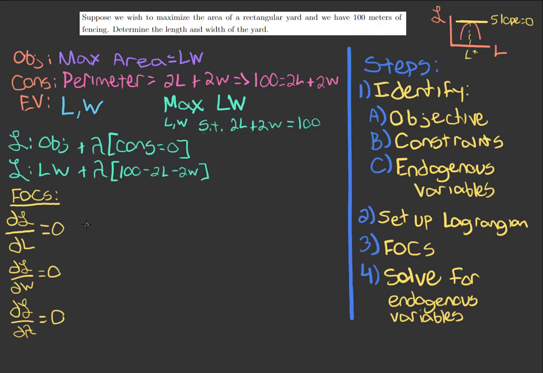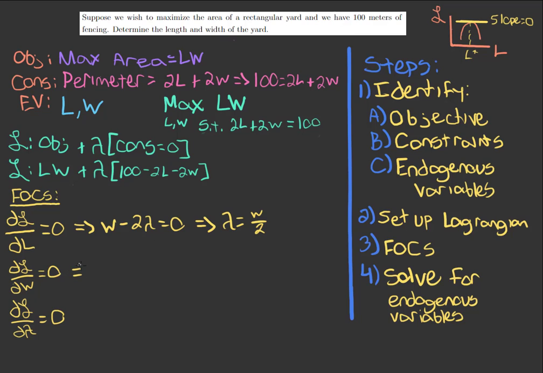Now, taking the derivative of the Lagrangian with respect to L and setting that equal to 0, we end up getting that W minus 2 lambda is equal to 0. And then this simplifies to lambda is equal to W divided by 2.